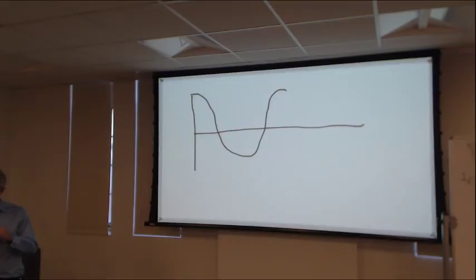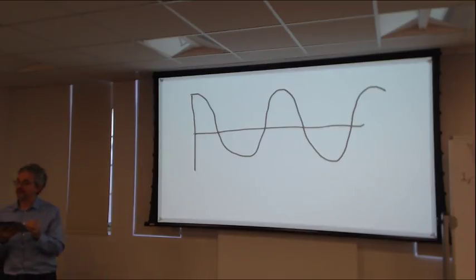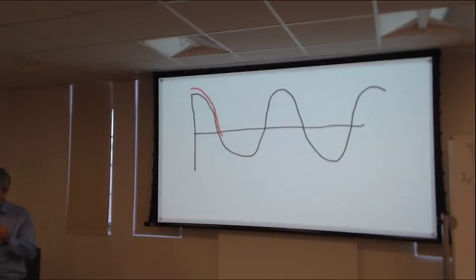So here's a sinusoid. Now I'm going to change colors, and I want to sample another frequency that's slightly different. In the beginning, they're very close to each other, and then over time they become different from each other.